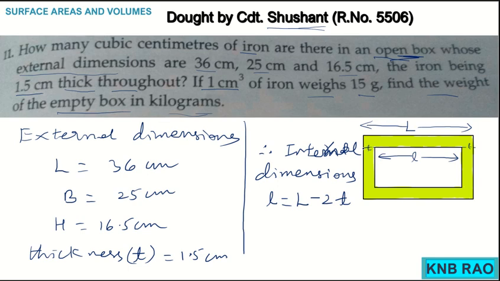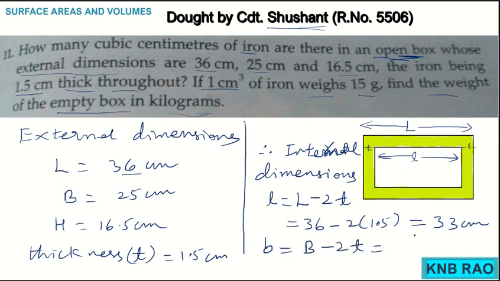Because from capital L, this side and that side, both sides I have to take away thickness, which means from 36 I have to subtract 2 times 1.5, which means 36 minus 3 is 33 centimeters.